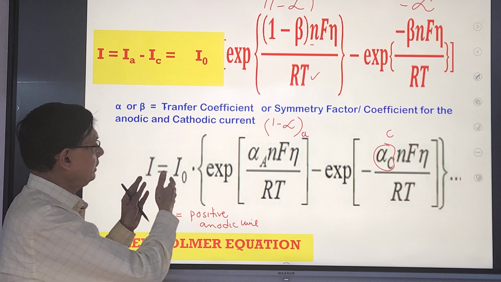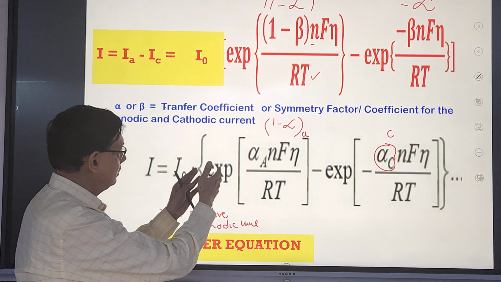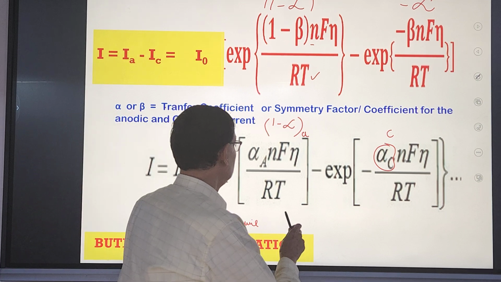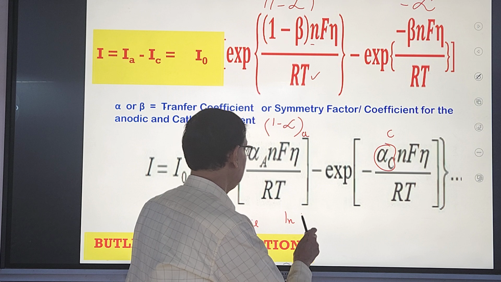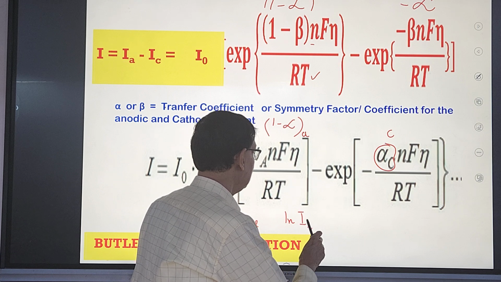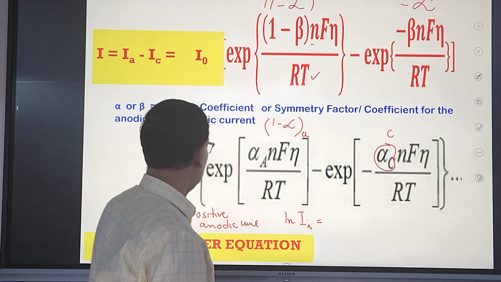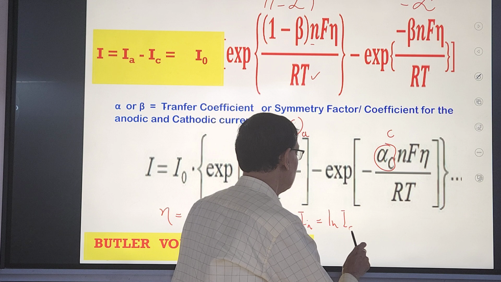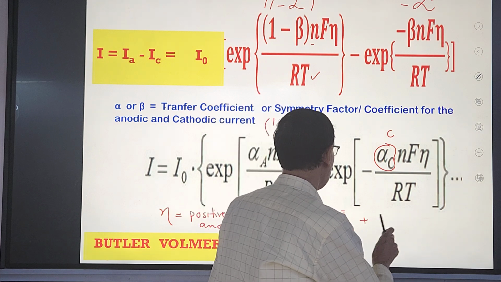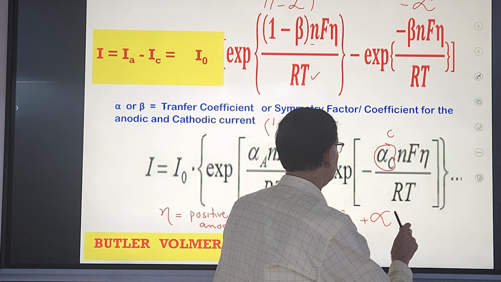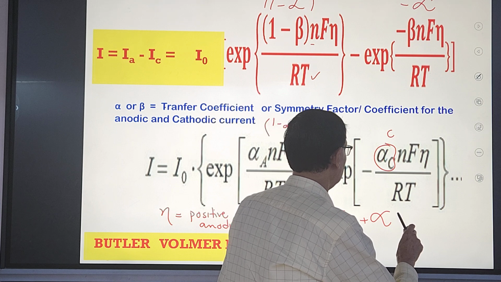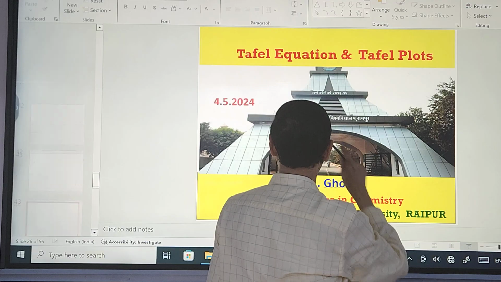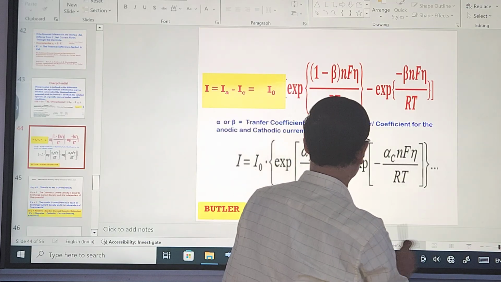So there is a relationship between I0, this part, and then you plot a graph between the natural log of I, or you can write here IA, natural log of I0 plus alpha.